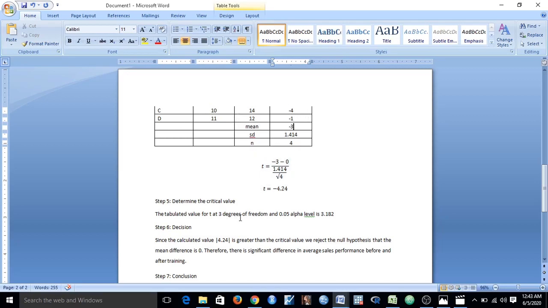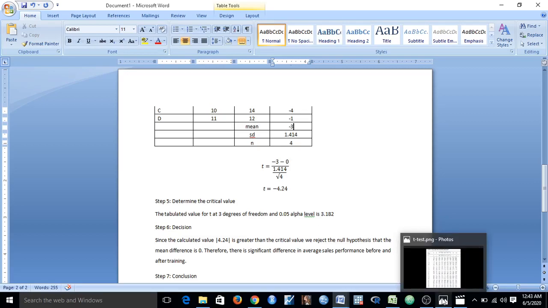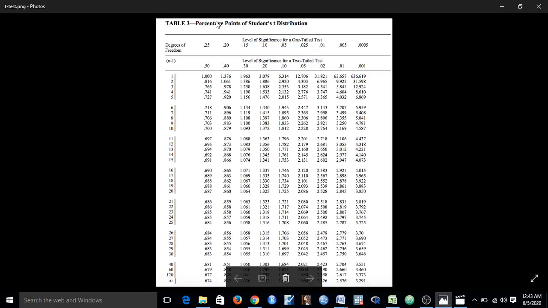Then our degrees of freedom will be n minus 1, which is 4 minus 1, that's 3. Then 0.05 alpha level. So we can go here and check a t-test table, level of significance for a 1-tailed test, level of significance for a 2-tailed test. Since we are using a 2-tailed test, we are concerned about here.